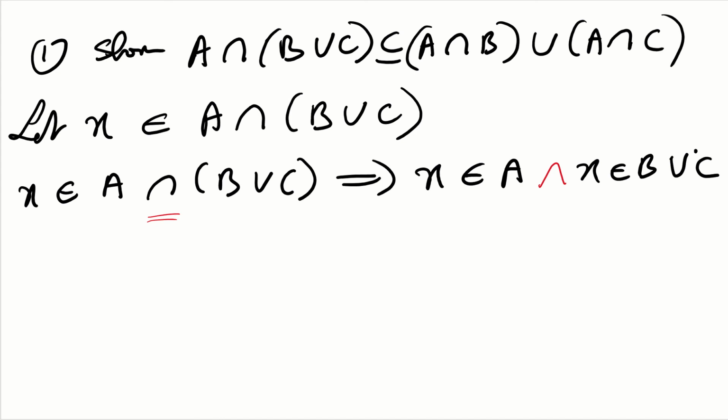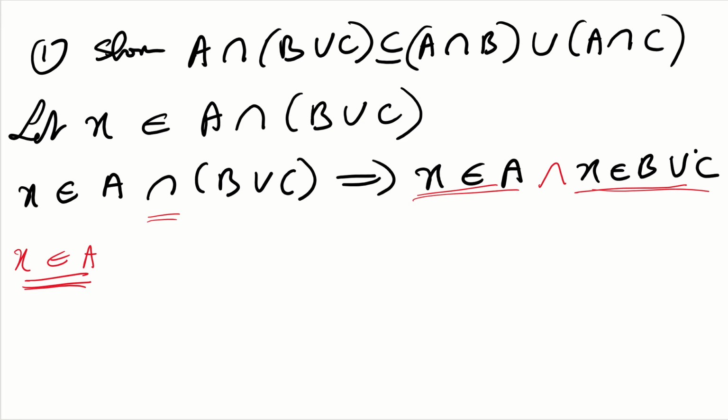So x is in A. This is already settled. Also x is in B union C, but we are not sure whether it is in B or in C because we have the union here.